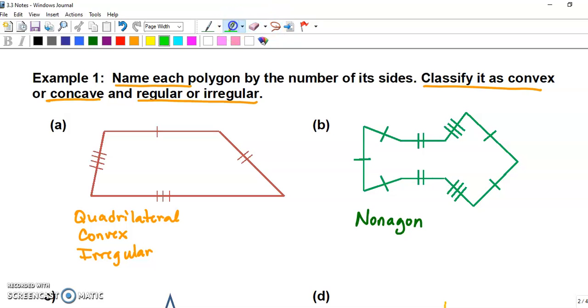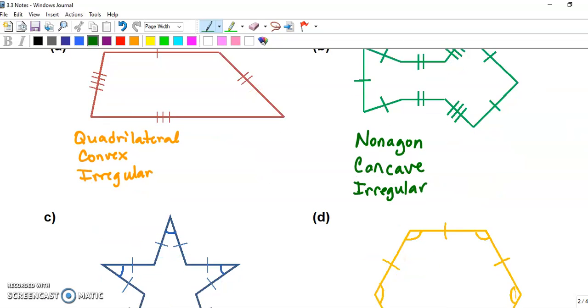If I highlight one side and keep going, it cuts through. So that would be concave. And then it's all different sizes and angles. It's irregular. Any polygon that's concave is automatically irregular. Its angles cannot all be the same if it's concave.